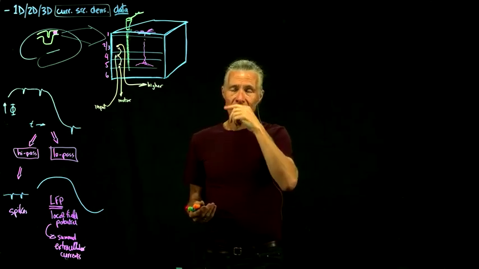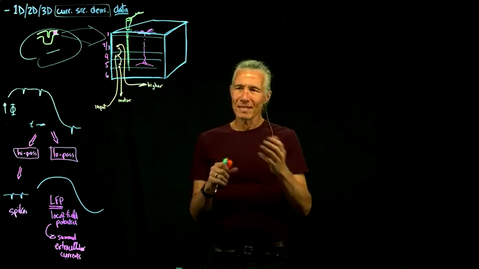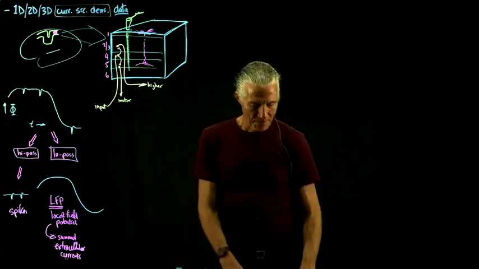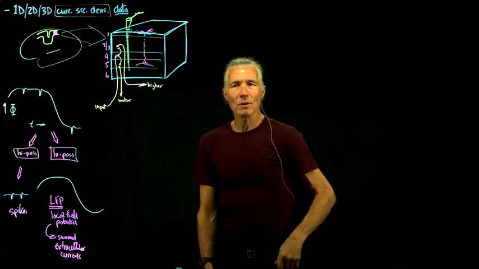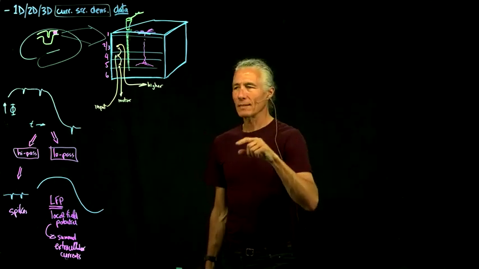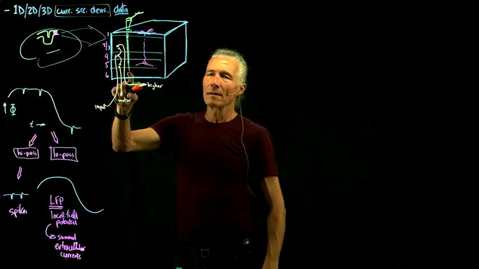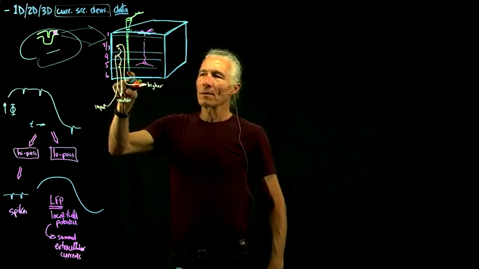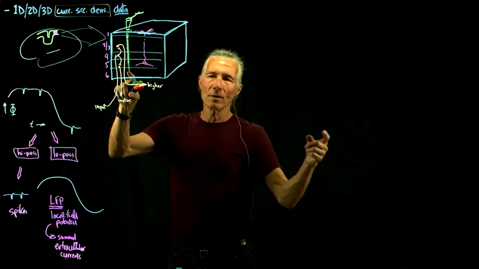Because maybe the animal wasn't paying attention that particular time you flashed, and so you won't get much of a response. So we record the voltage trace out of that electrode for each layer. And so for each recording spot, we've got a recording over time.